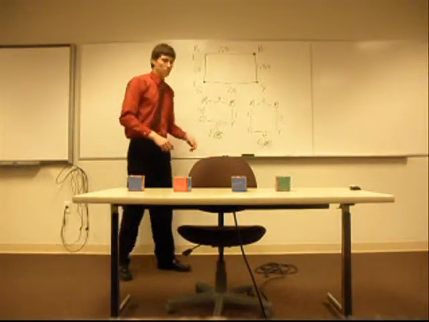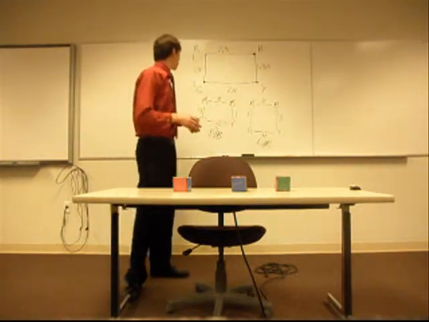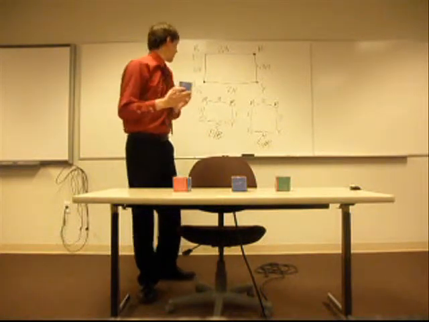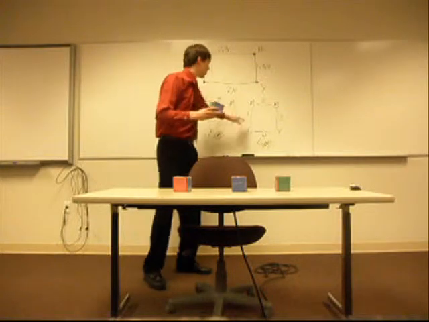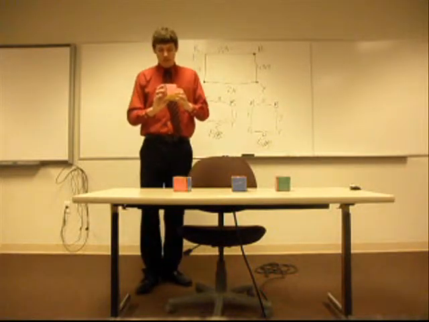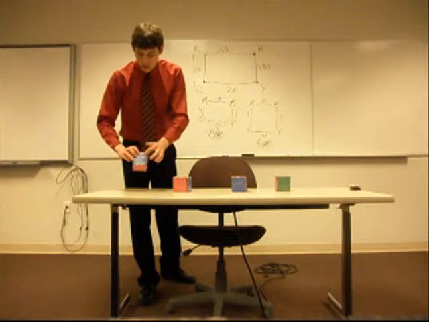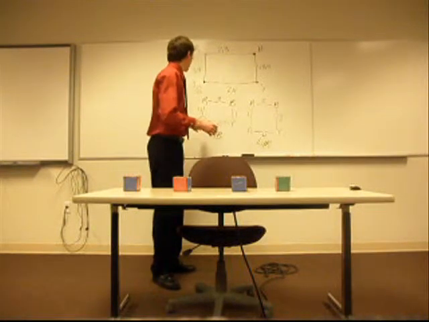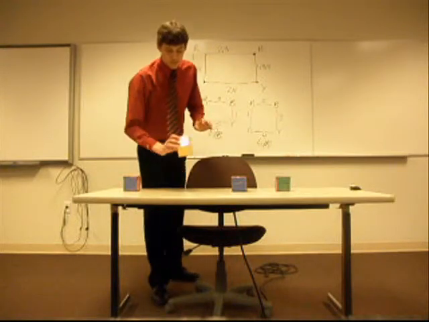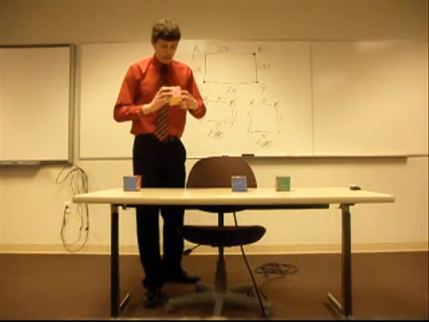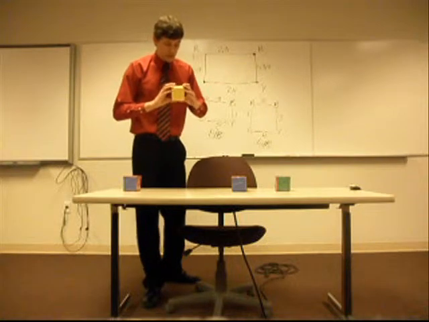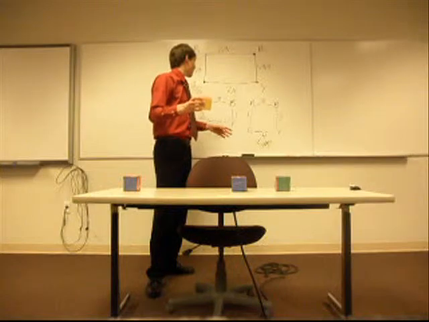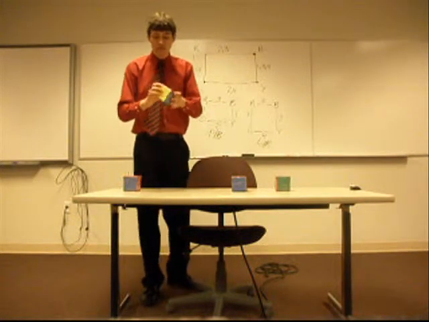So we see for the first one, here we have blue opposite yellow, and red opposite green. Next one, then we have green opposite yellow, and red opposite blue.